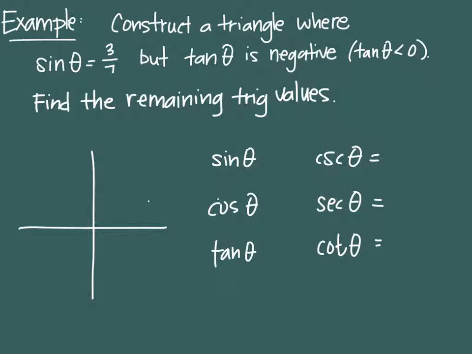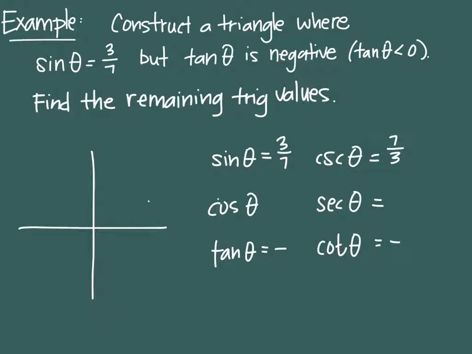I would just then kind of do the fill in the blank thing. We know that sine is 3 over 7, which means automatically we know which of the other trig values. Cosecant comes right with it, right? So 7 over 3. We also know that tangent has to be negative. So I'm going to put a negative in my tangent. And if tangent is negative, what else do we know? What else has to be negative?